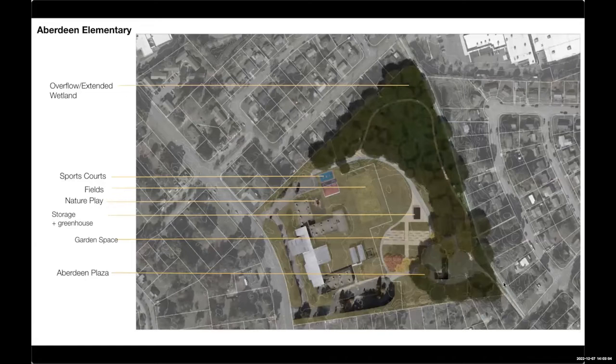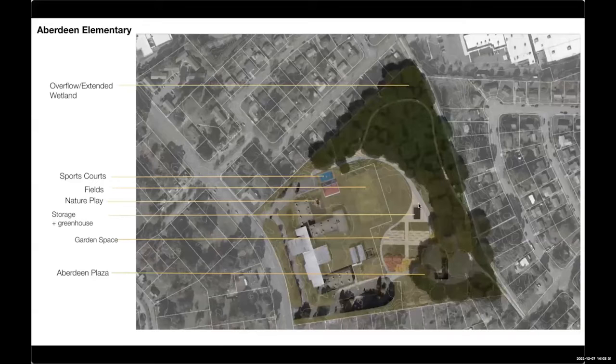And then a secondary circular path that connects this neighborhood below, as well as a boardwalk that connects to this area over here. So some of the areas are the overflow extended wetland that goes along right here, as well as the sports courts, the fields, the nature playground area.